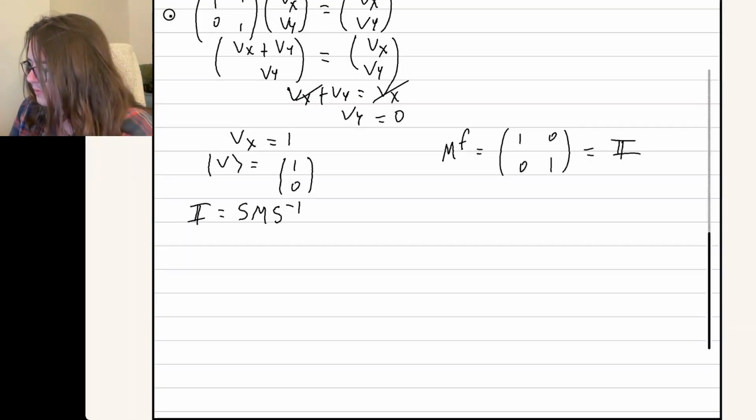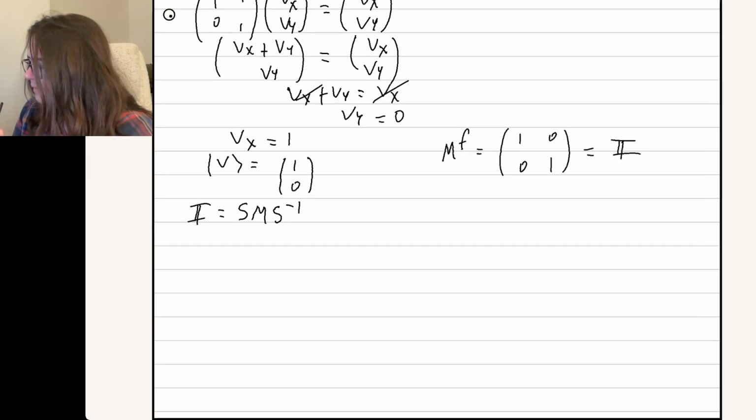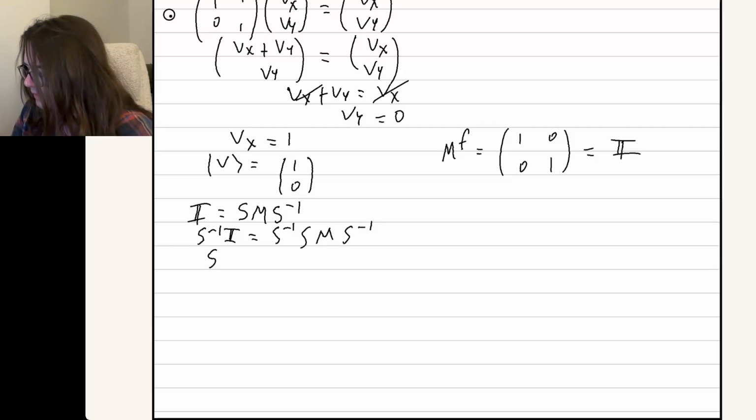What we can do here is we can multiply both sides coming from the left with an s to the minus 1. So we have s to the minus 1 times the identity matrix equals s to the minus 1 times s, M, s to the minus 1. Of course, any matrix times the identity matrix is itself, and inverse times itself is just the identity matrix.